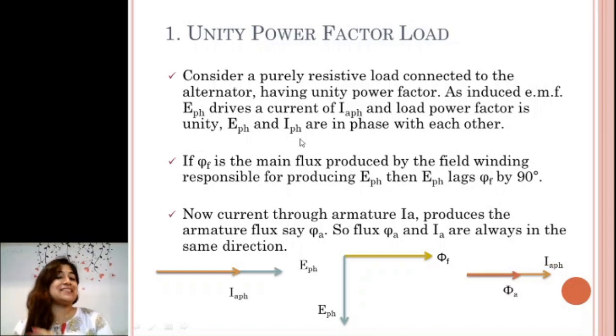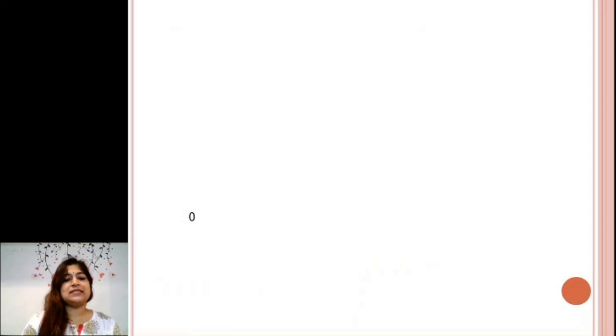So keeping these three things in mind, we will draw a phasor diagram. First of all, I'll draw the reference as main flux. Because of the main flux, EMF is induced, because of the induced EMF, current flows, and because of the current, armature flux is produced, right? So what is the main cause? Main flux.